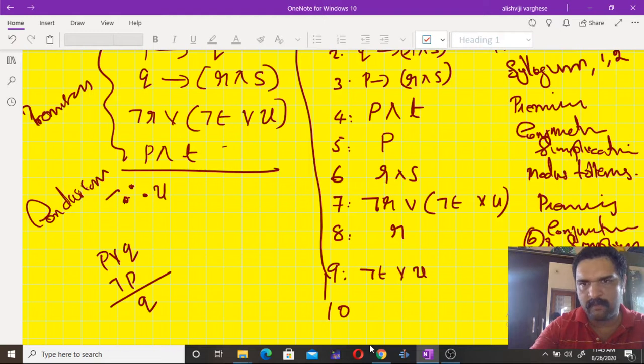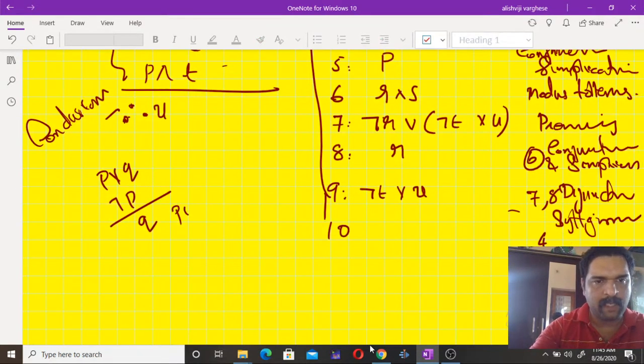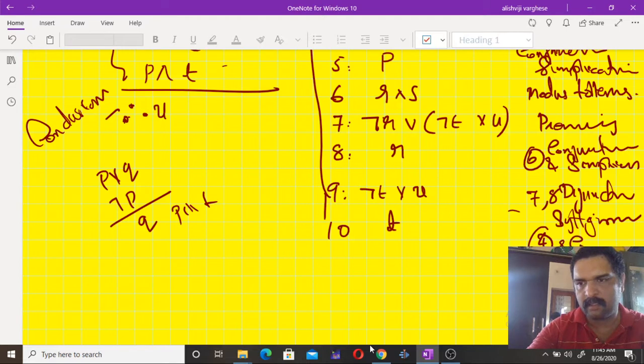Now if you look at our statement number 4, we have P and T. If you take statement number 4, P and T, then obviously T is true, by conjunctive simplification.